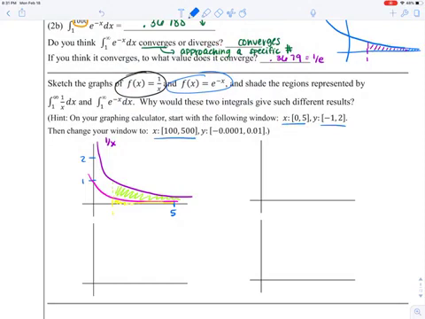So if you were to start at a value of 100 and stop at 500 and scale your y values from negative 0.0001 and stop at 0.01, what's interesting is that 1 over x still looks like this, and the graph of e to the negative x on this window looks like this.